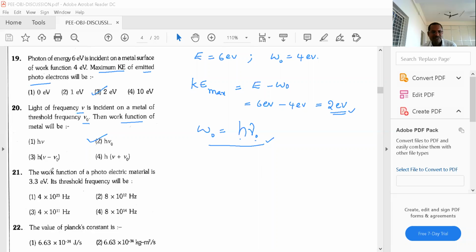Okay, direct question. Next, the work function of a photoelectric material is 3.3 electron volt. Then what is the threshold frequency? They are asking what the threshold frequency is. Threshold frequency nu naught is equal to work function upon Planck's constant. Work function is given as 3.3 electron volt.